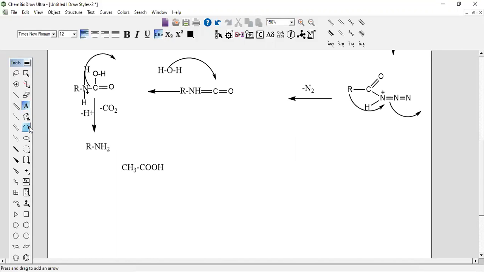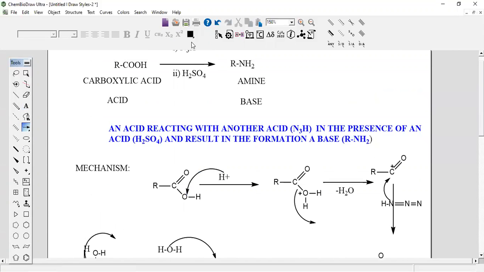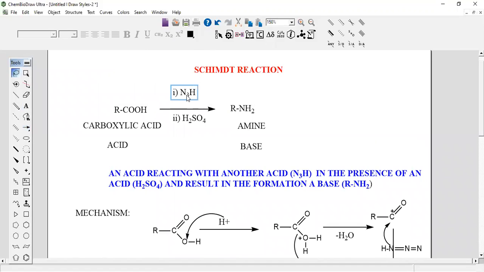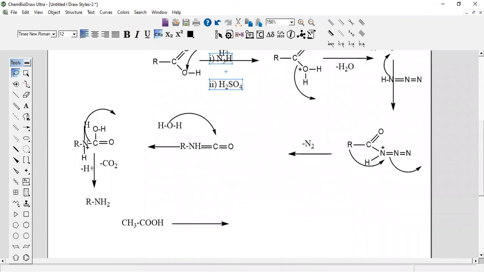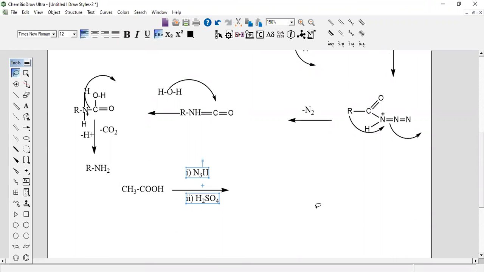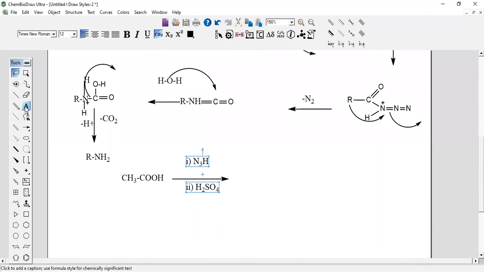If I use hydrazoic acid as well as sulfuric acid, then what may be the product? First of all, you tell me the name of this compound. Acetic acid.